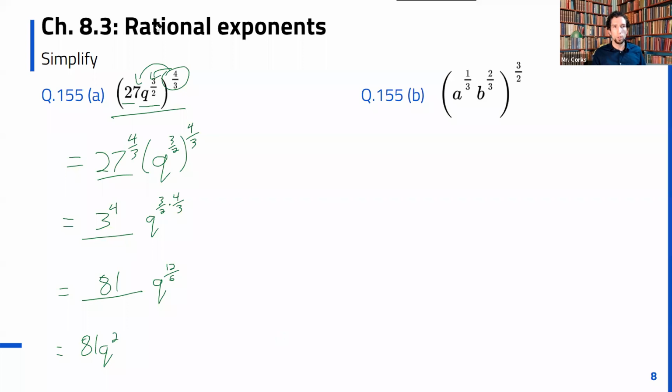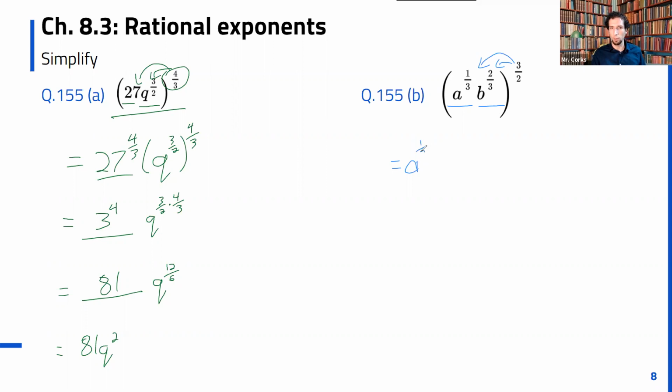All right, the one on the right here. Two parts on the inside, each of those will have the thing on the outside applied to it. So what's our next line for this part? Multiply 1/3 by 3/2 and 2/3 by 3/2.